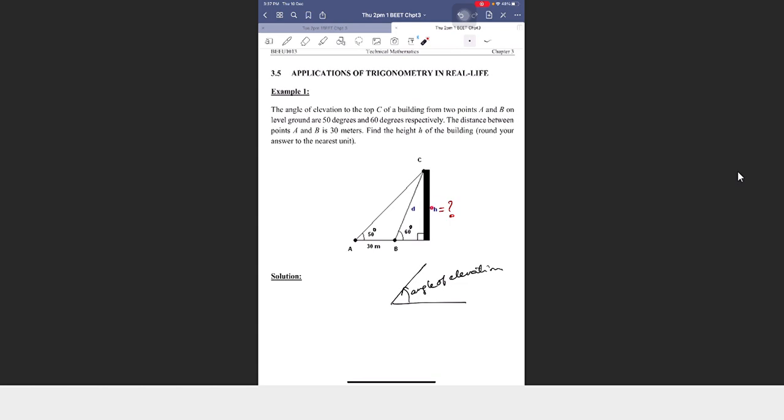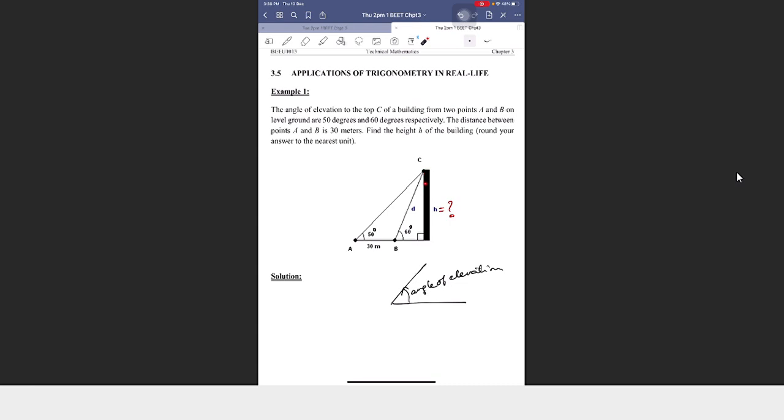Now, if I want to find H, if only I can find my D, then I can establish trigonometric ratios which relate H, D, and this angle. After all, this is a building, a straight building. Supposedly these are walls, and this is a 90 degrees angle. We have trigonometric ratios in chapter 2.